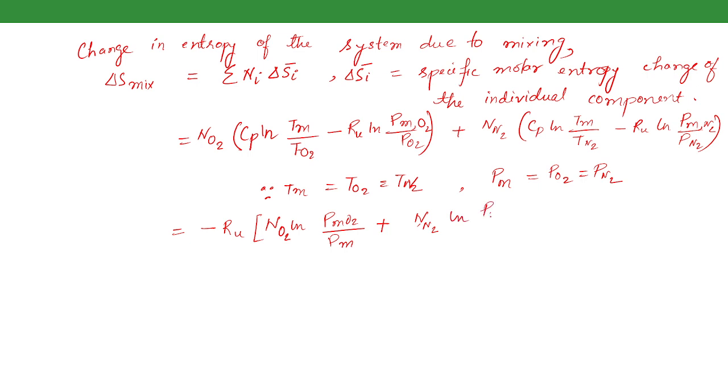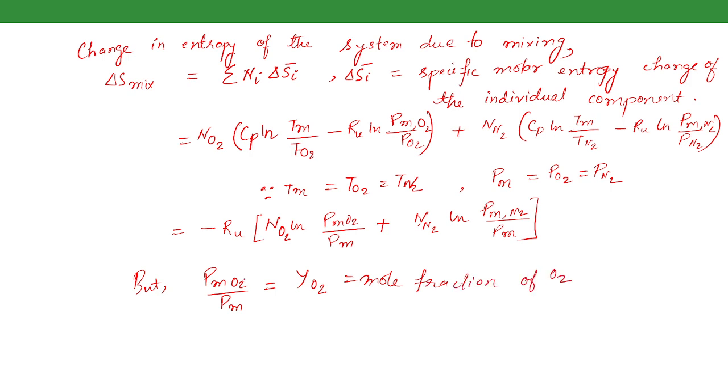This is ln of the partial pressure of nitrogen in the mixture by the total pressure of the mixture. The partial pressure of oxygen in the mixture by the total pressure of the mixture is actually the mole fraction of oxygen by Dalton's law. And the partial pressure of nitrogen by the total pressure will be equal to the mole fraction of nitrogen.